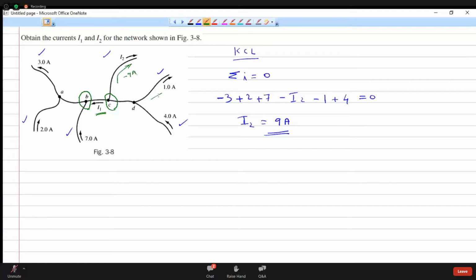And here minus 1 ampere, then here plus 4 ampere. So the net current is minus 9, minus 1, minus 10, plus 4 is equal to minus 6. Whatever is coming in has to flow out, so the current I1 is equal to minus 6 ampere. Any doubt for anyone on how we solve this?